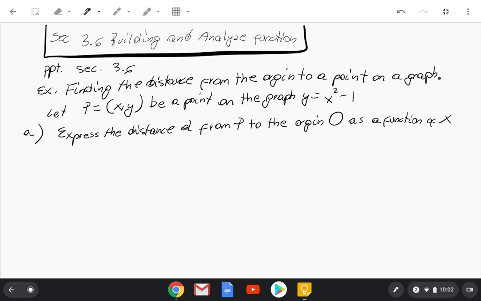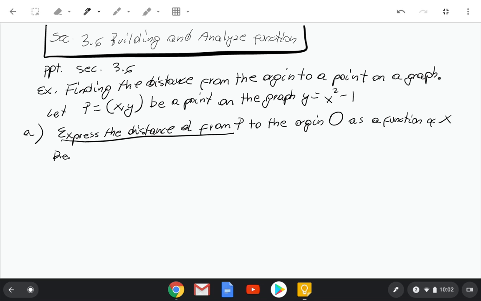Okay, so let's work on A first. So we're going to build the function. That means we should have everything written using only one variable, which is x. And we're talking about the distance. You need to express the distance.